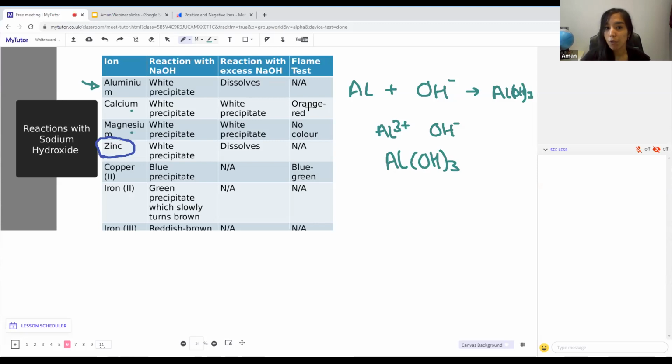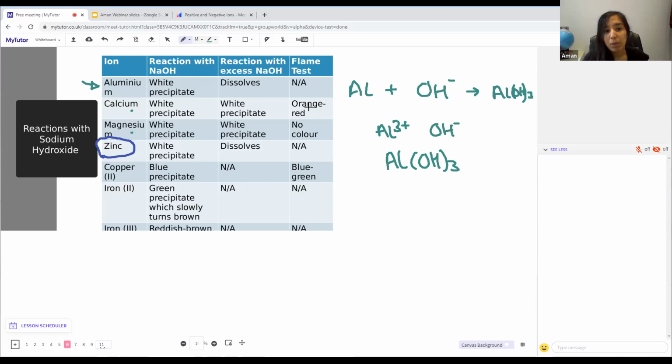They will not dissolve. Zinc is exactly the same as aluminium, pretty much, apart from it doesn't have a flame test. So it will produce a white solid with sodium hydroxide, and it dissolves with excess. So another common exam question will be to ask you about something like calcium and zinc, or calcium and aluminium, depending on which exam board you're doing.